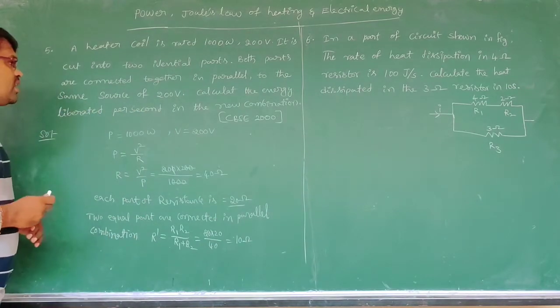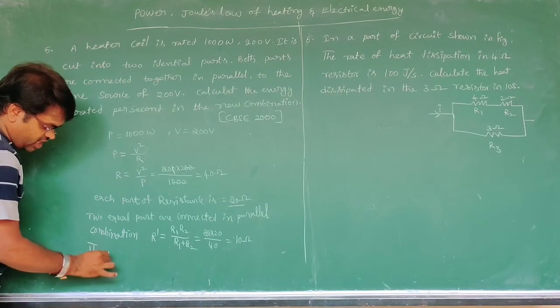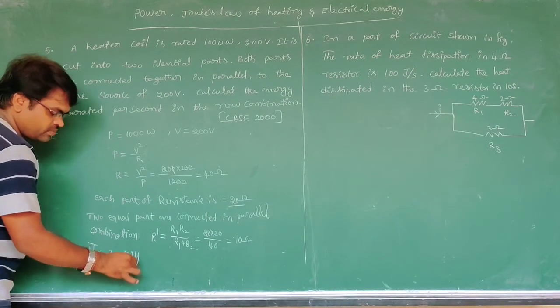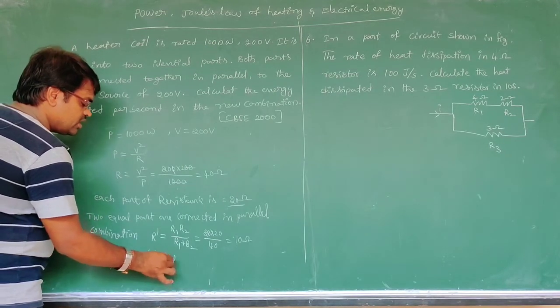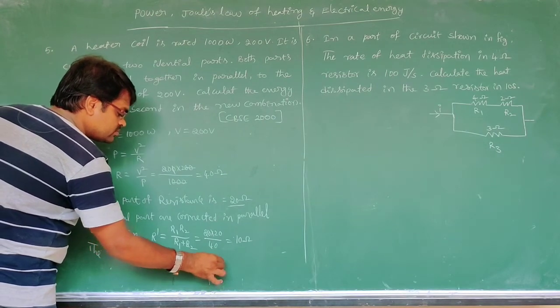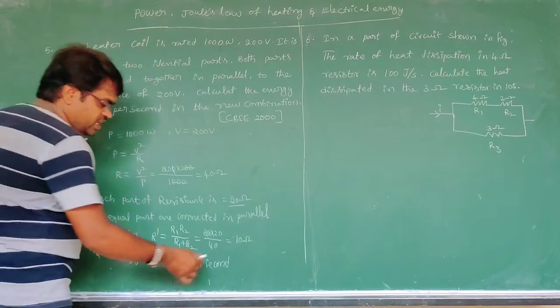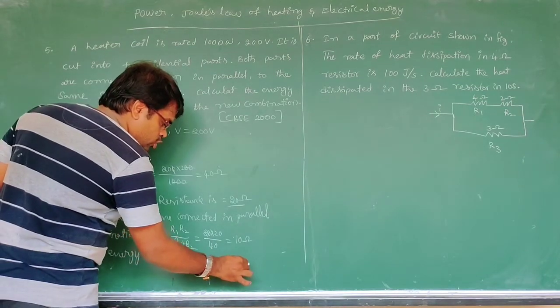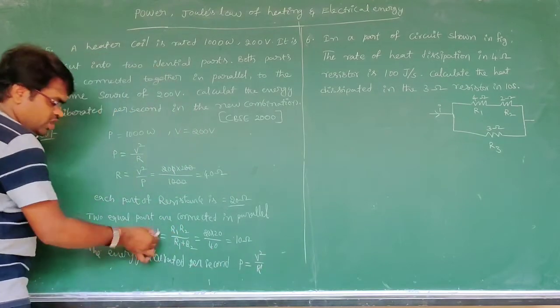Then what are they asking? The energy liberated per second. That means P is equal to V square by R dash, because of the new combination.